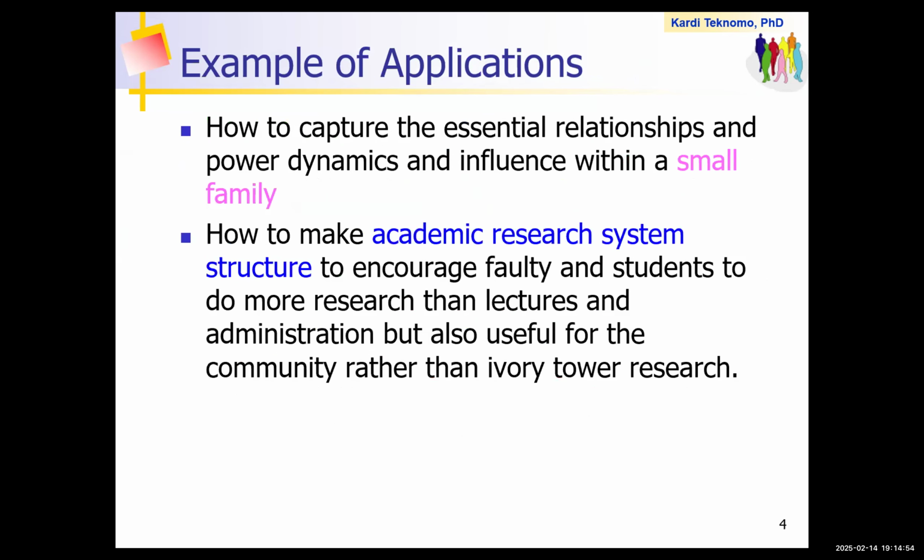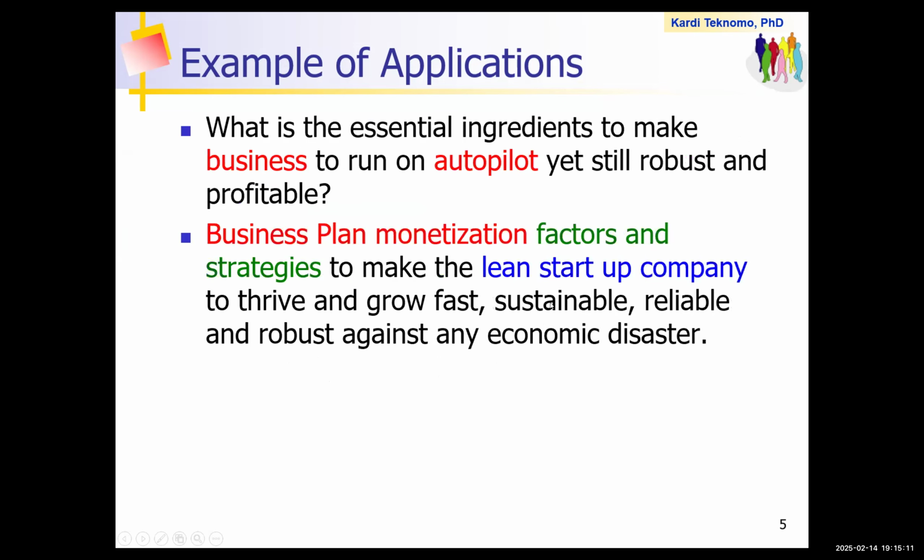These are examples of application. How to capture essential relationships, for example, within your own family. How to make an academic research system structure that encourages faculty and students to do more research. What is the essential ingredient to make a business run on autopilot?